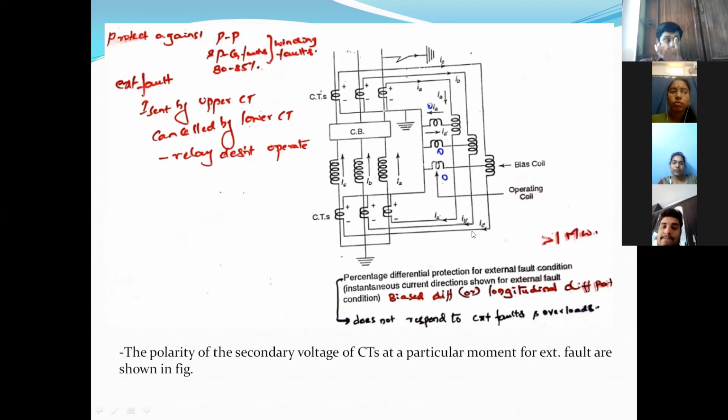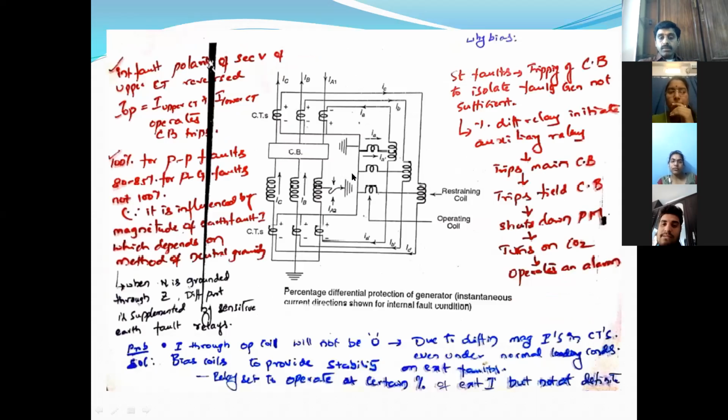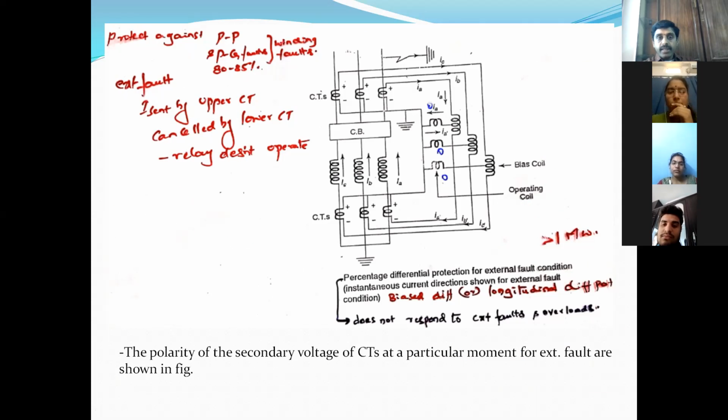So let us see, when the fault occurs externally, what happens? The current entering the winding, the same current will leave the circuit breaker like this. That means the same current will leave the CT and go to the fault. Here you can see the CT directions. The leaving current position is plus, plus.